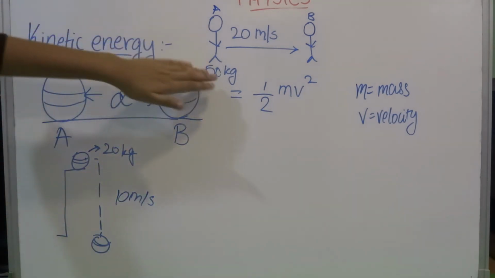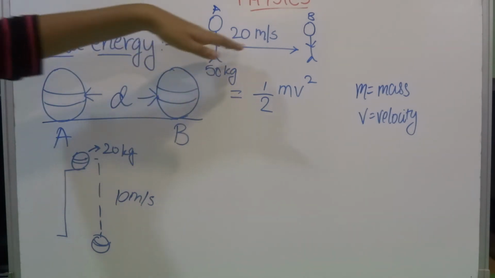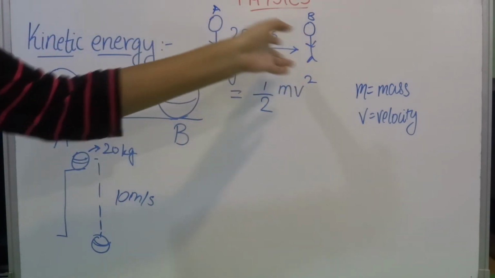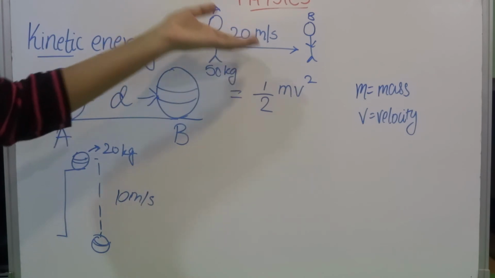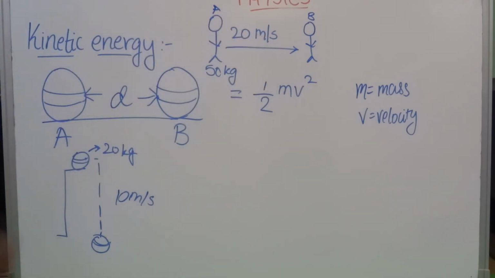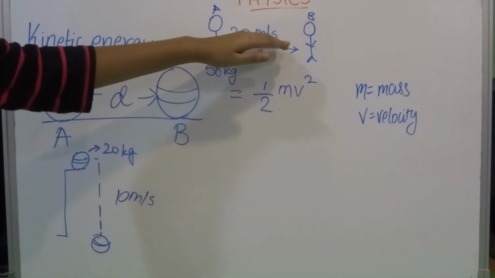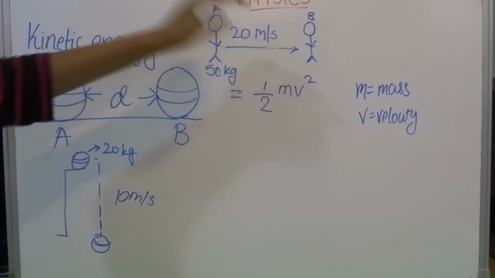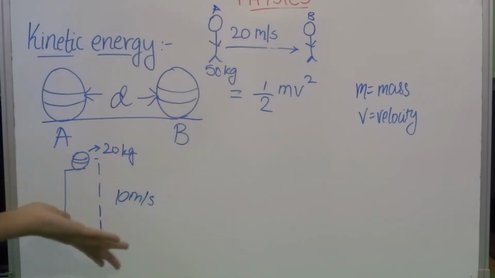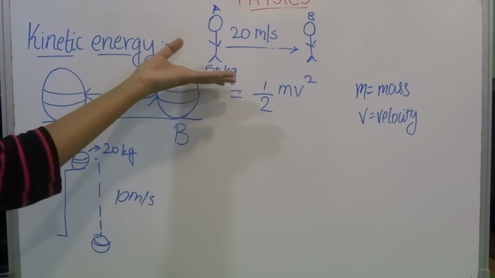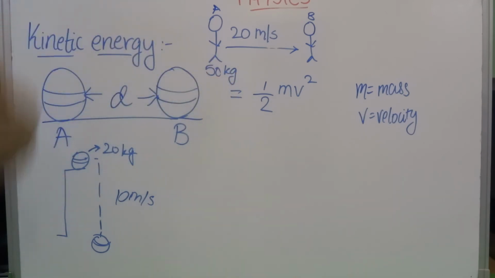A man with the mass of 50 kg moves a distance and he travels at the velocity of 20 meters per second. It is very important that the velocity is given in meters per second, because that is the SI unit of velocity and the SI unit of mass is kg. So we are using that.